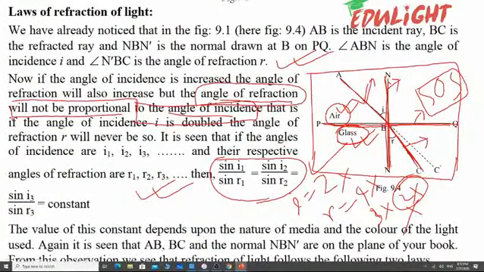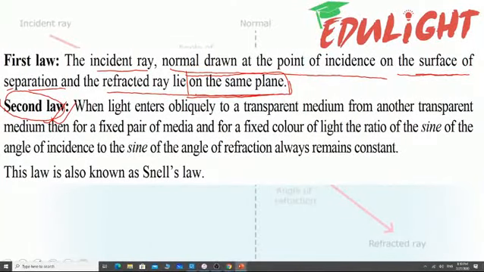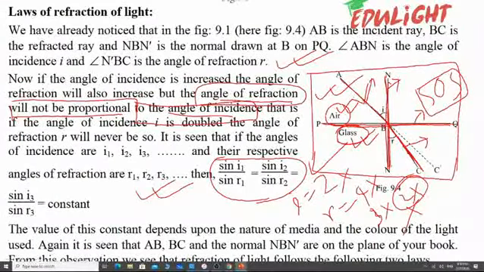So for 2D coordinates we have a plane, and this plane defines what is stated here: the incident ray, refracted ray, surface of separation, and the normal drawn through the point of incidence will all lie on the same plane.